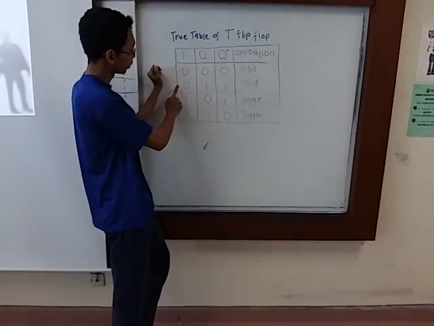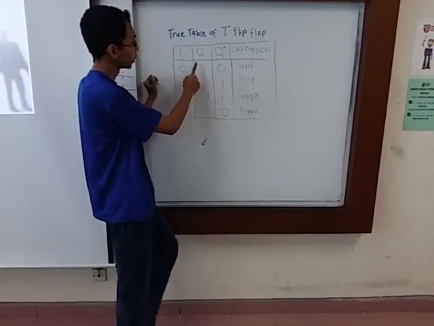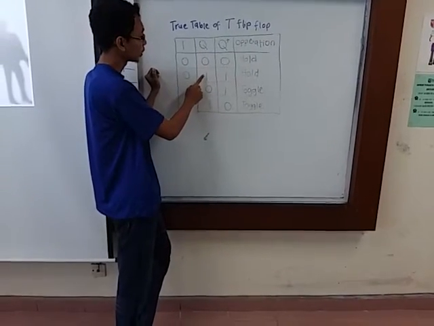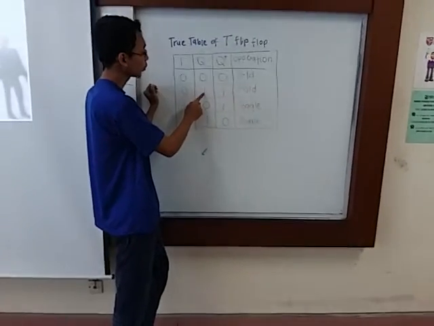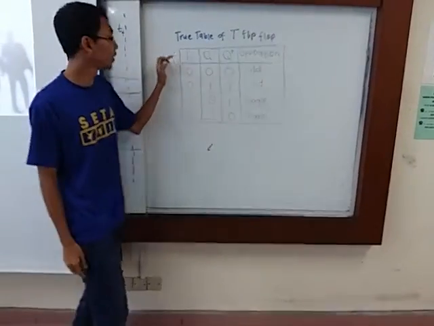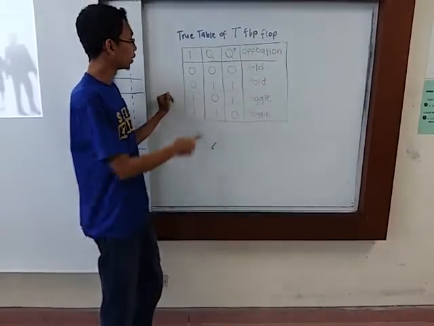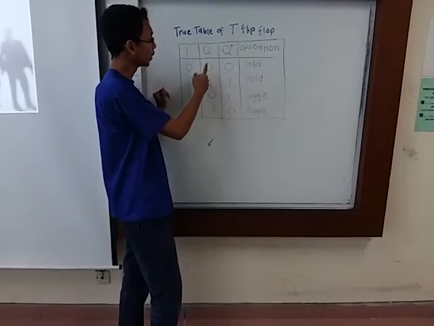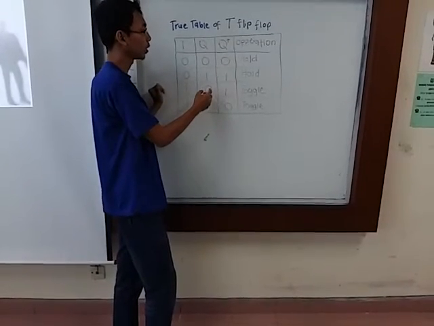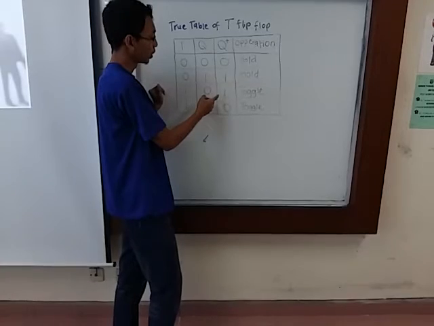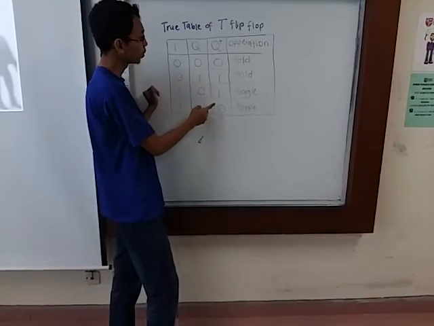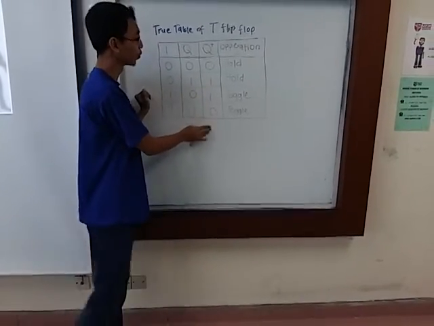Same with the second row: if T is 0 and the current state is 1, the next state is also 1. But if we set T equal to 1 and the current state is 0, the next state is the opposite output, 1. If the current state is 1, the next state is 0.